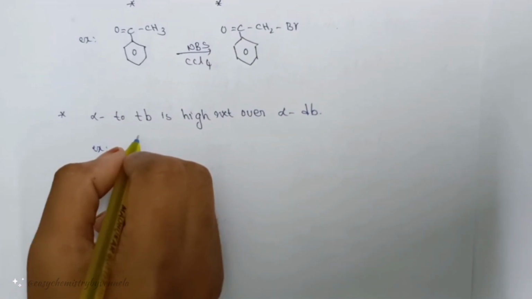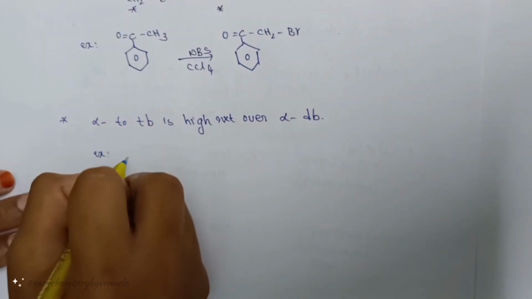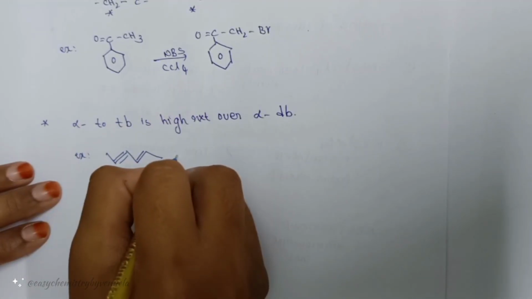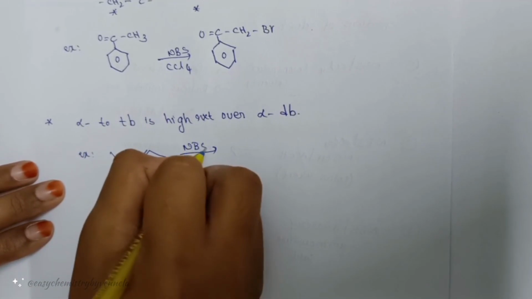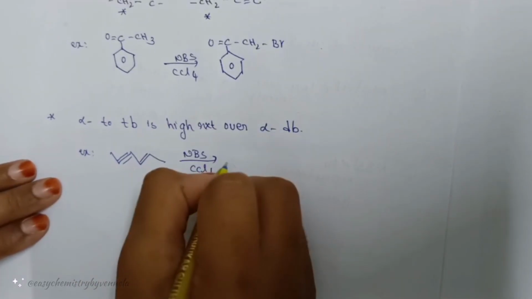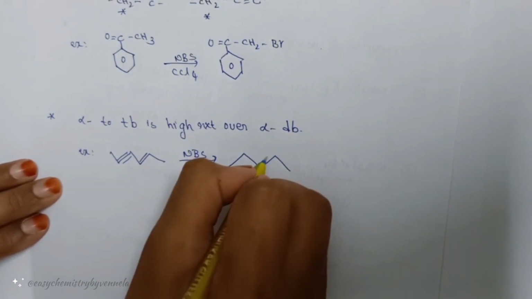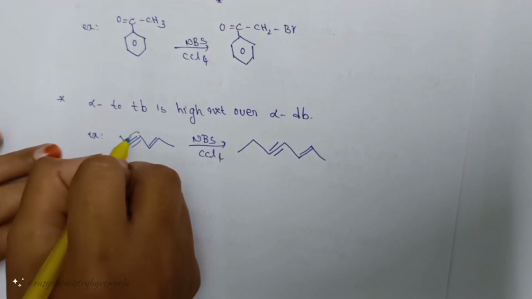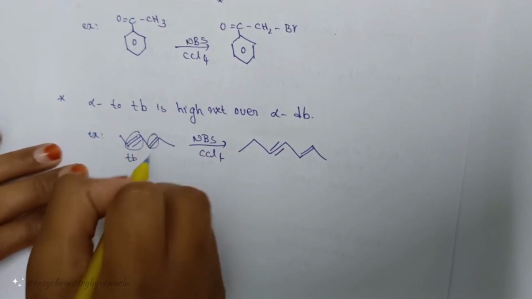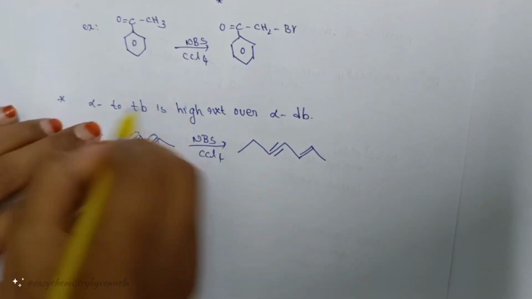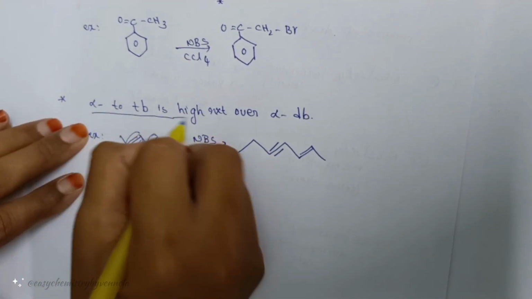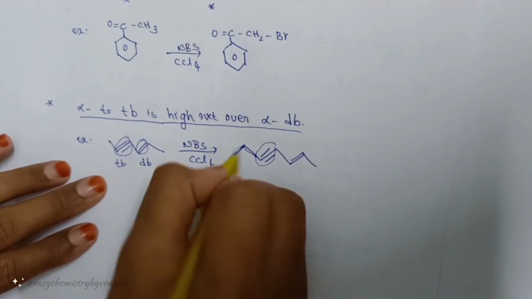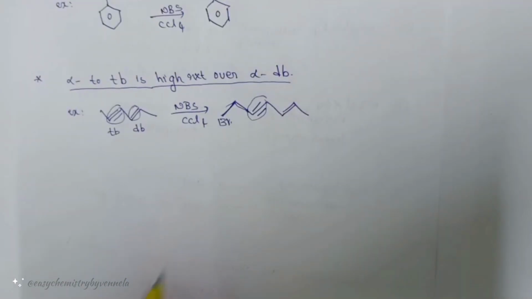Example, this is triple bond, this is double bond. So here triple bond is highly reactive over double bond. So this is the triple bond, it will attack bromine.